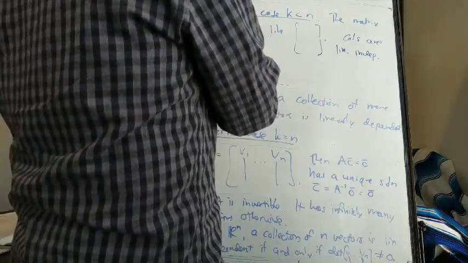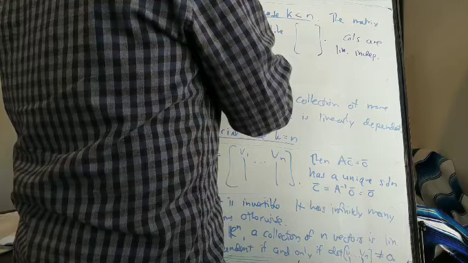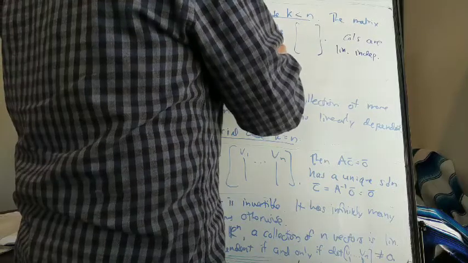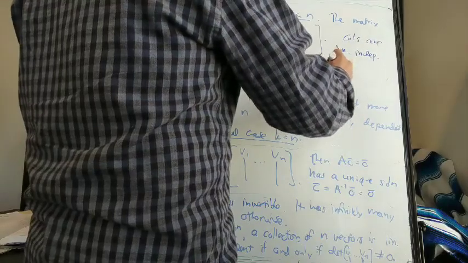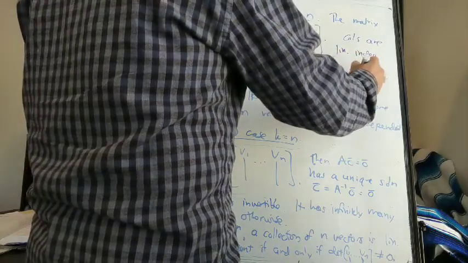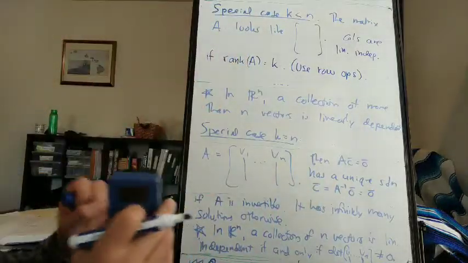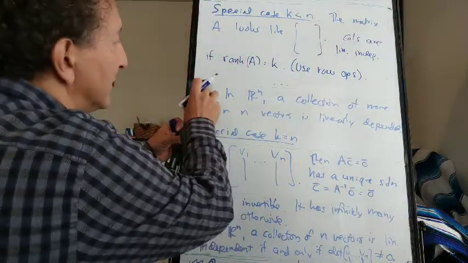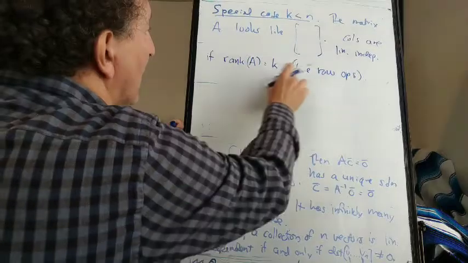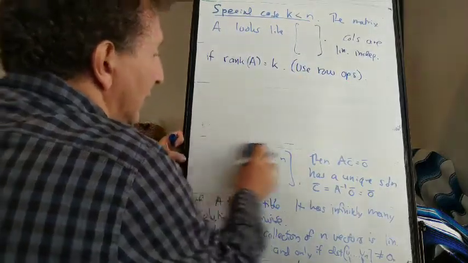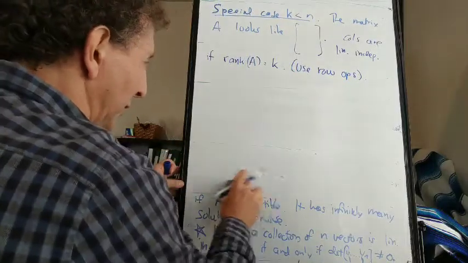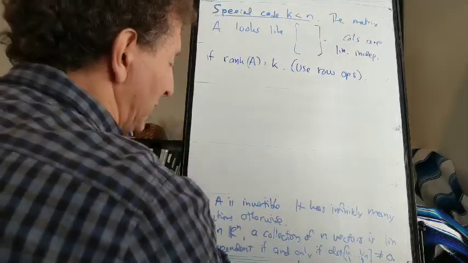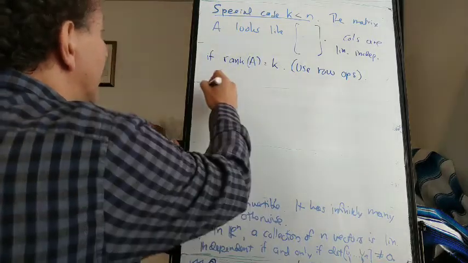The columns are linearly independent if the rank of A is exactly k. So we'll have to use row operations to see this. That's usually not something we're going to be able to see just by looking at it. So let's do an example of that one, since that's the only one where we need to do some computations to decide what's going on.